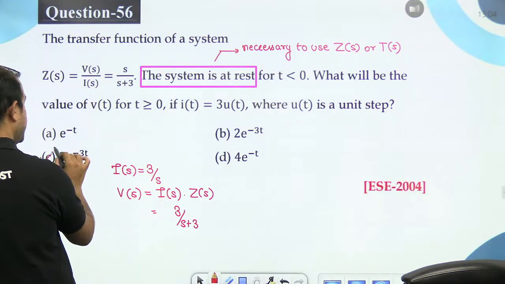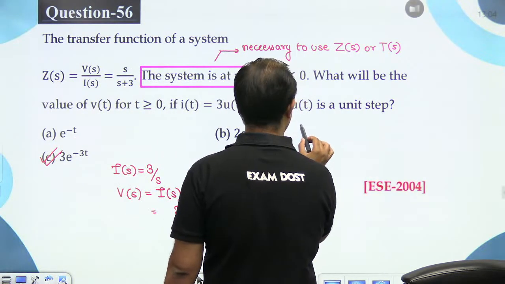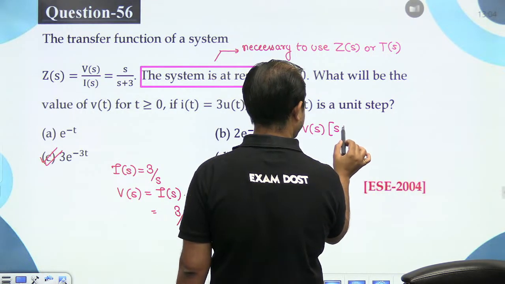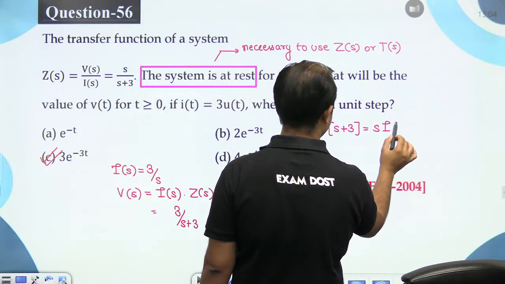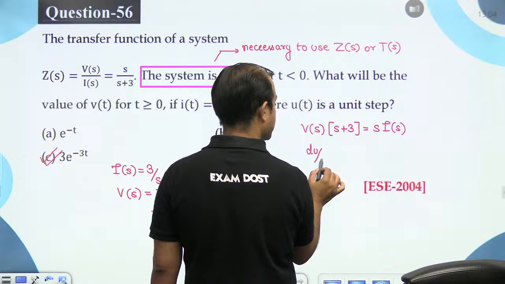So Vt will be C. अगर देखो इनिशियल कंडीशन 0 नहीं होती तब क्या करते? You will cross multiply. ये भी देख लो, मैं बता दे रहा हूं. You will cross multiply, then take Laplace inverse.